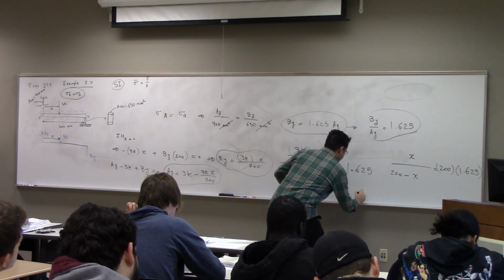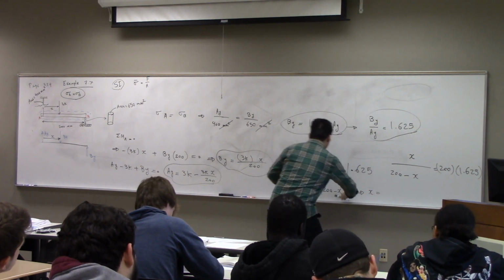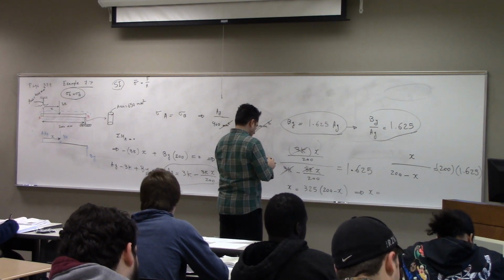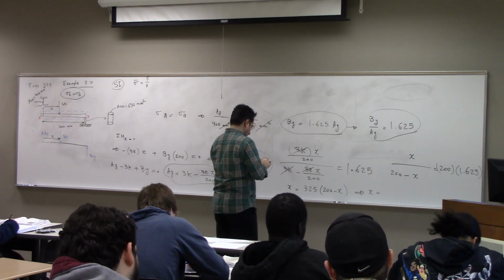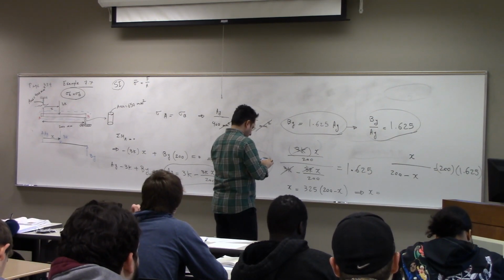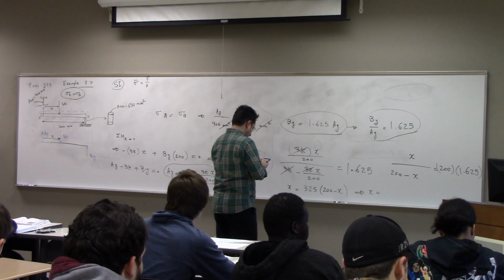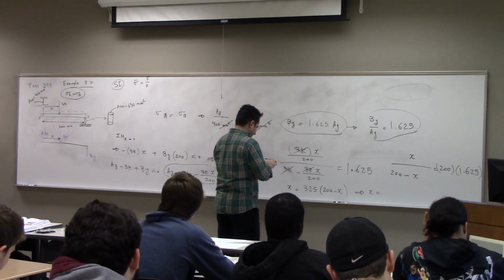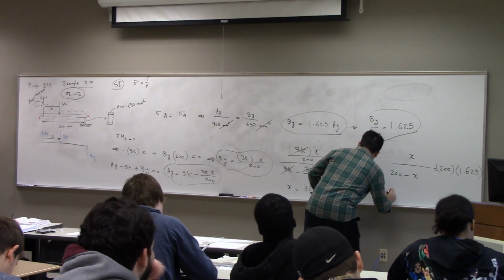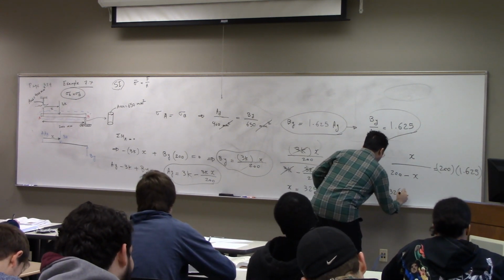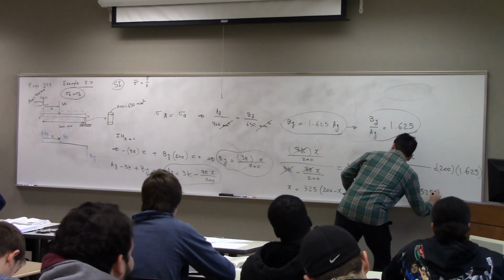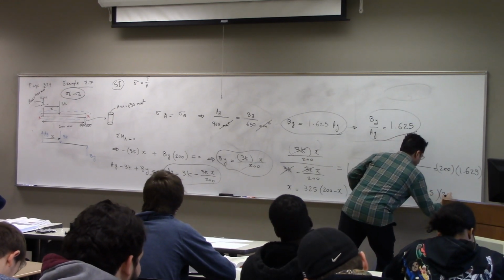And then if you solve for x, you get 326 times x, which equals 325 times 200.